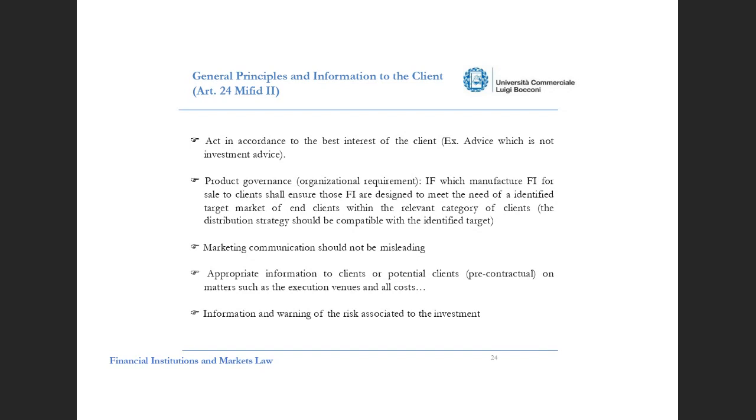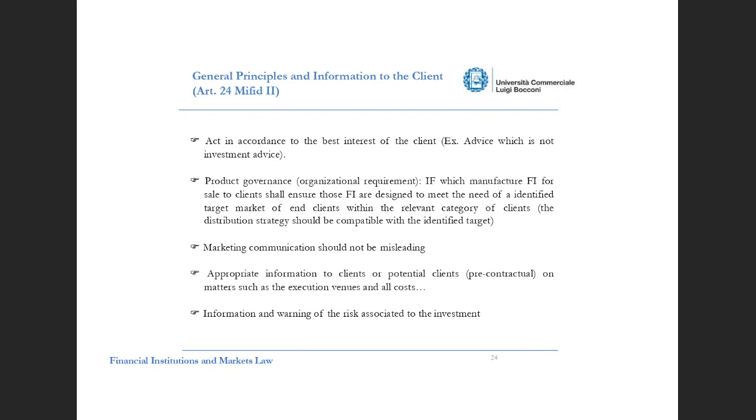So it's under the general scope of Article 24, and then you have other articles that come after 24 in MiFID, but you have all of these set of very detailed provisions on transparency.